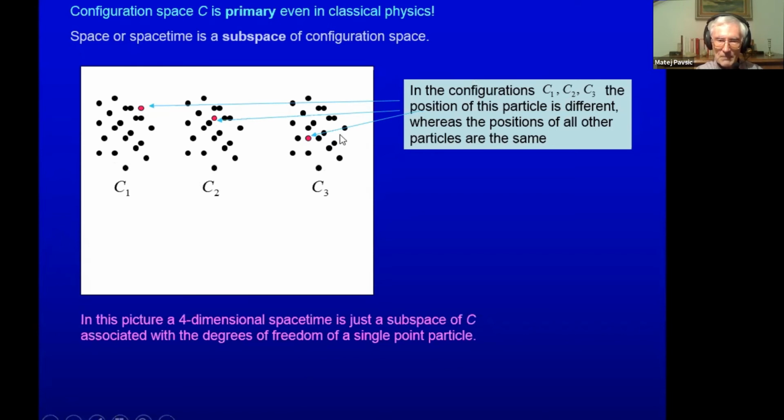And space-time is a subspace of this multidimensional space. So, in the configurations C1 and C2, the position of this particle is different, whereas the positions of all other particles are the same. In this picture, four-dimensional space-time is just a subspace of configuration space associated with the degrees of freedom of a single particle.